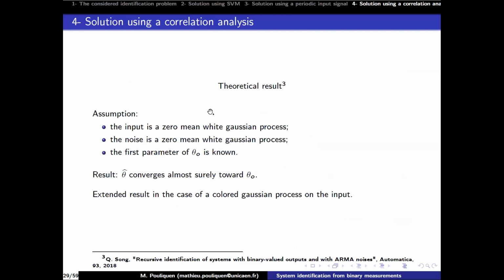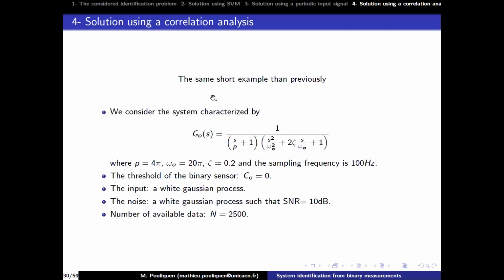A short result here again, similar to a previous one. If the input is a white Gaussian process, and the noise also, we have also the knowledge of the normalization assumption. We have here again almost surely convergence. The same short example, you know it.